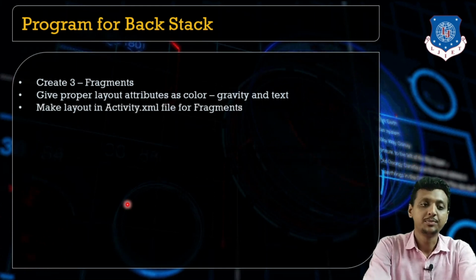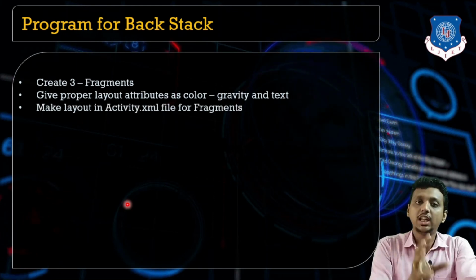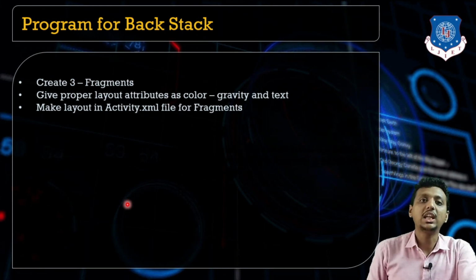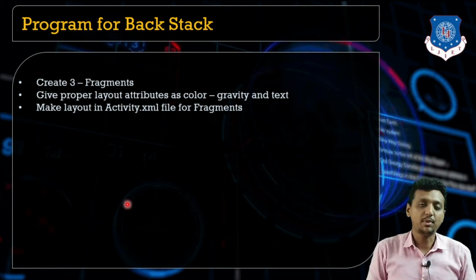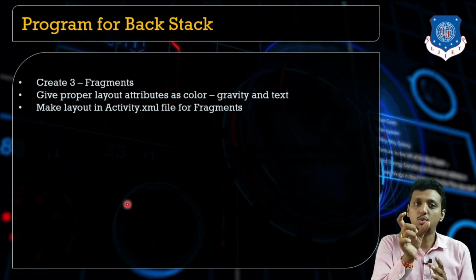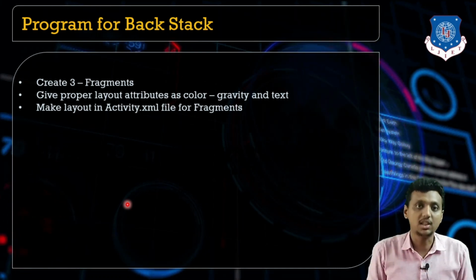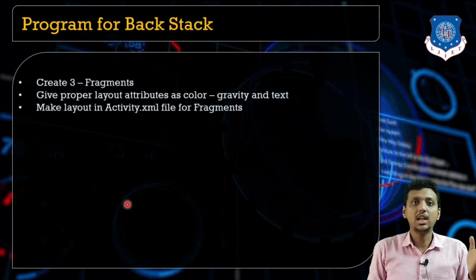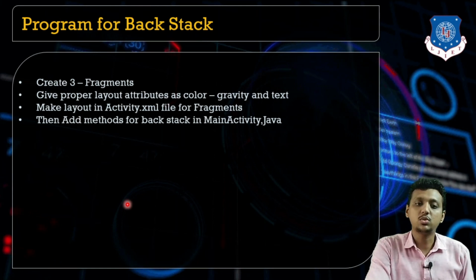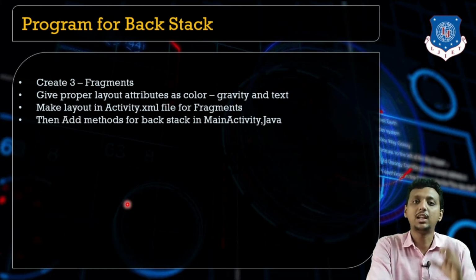Second, we need to create a layout with the proper gravity and text, so we make a layout in an XML file. We are going to make a layout which contains one button. We have already done this in the previous session, right? We had an add fragment button. Under the button, we have our fragment layouts.